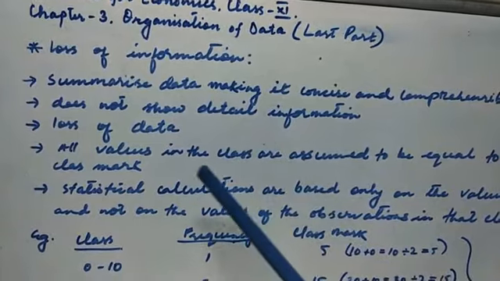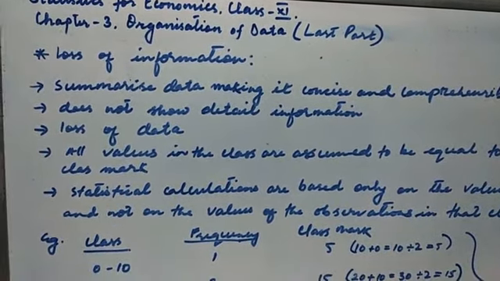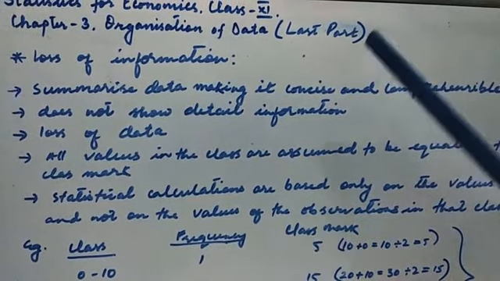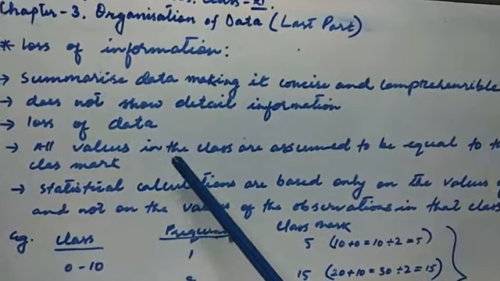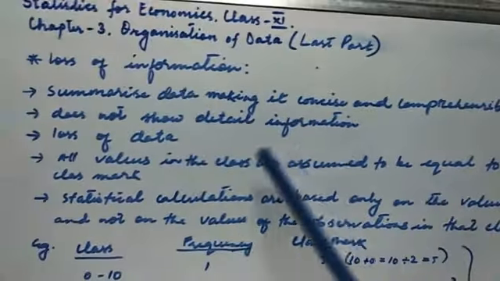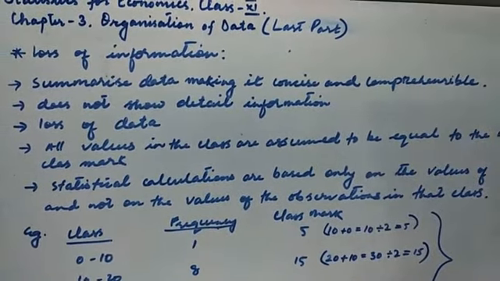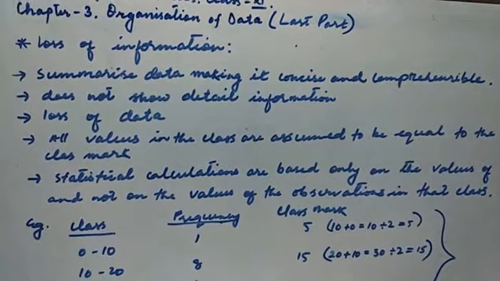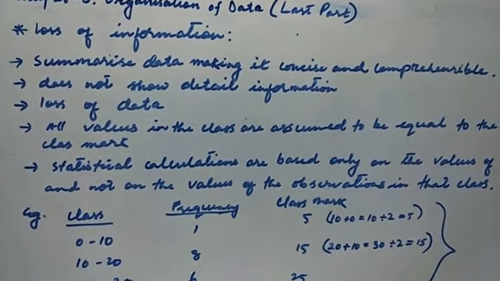Loss of information happens because all the observations are not taken into consideration, and all values in the class are assumed to be equal to the middle class mark. What we take into consideration is just the class mark and not the values of the observations that are there in the class.